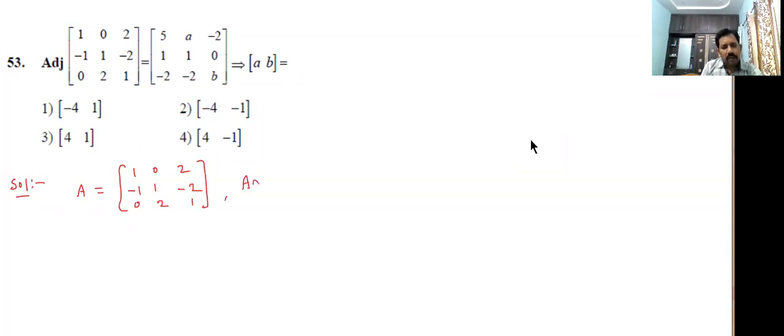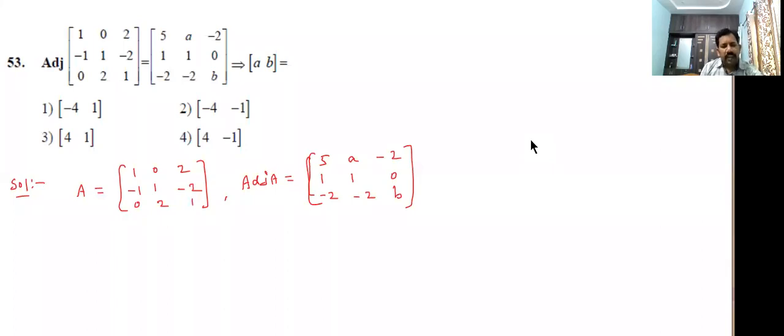Next, adjoint A is given as 5 A minus 2, 1 1 0, minus 2 minus 2 B. So find adjoint A and compare with the given adjoint A, then you will get the A, B values.